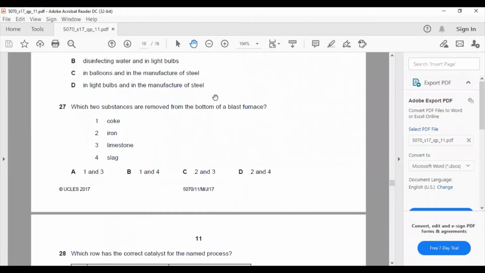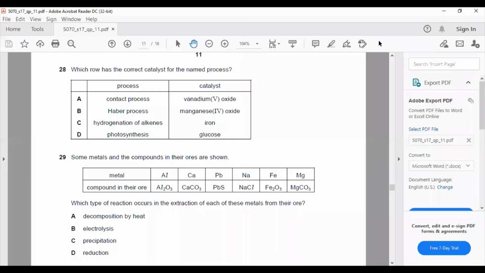Okay, with this very simple question of the blast furnace, which substances are removed from the bottom of the blast furnace? Coke, never, iron, yes, and slag, yes, 1 and 4. Which row has the correct catalyst name?